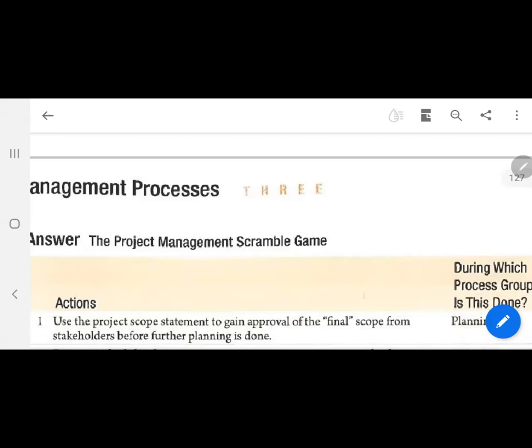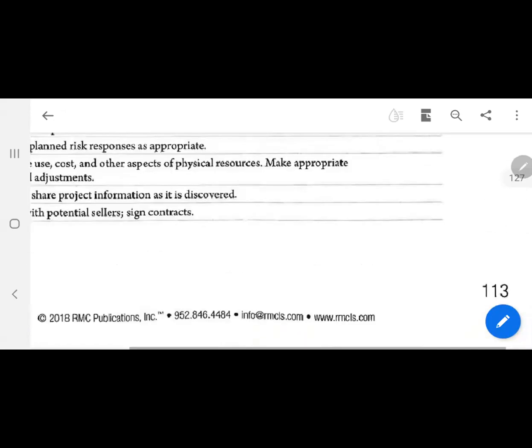Use the project scope statement to gain approval of the final scope. The final scope is actually the scope baseline. The scope statement is part of the scope baseline, and the work breakdown structure is part of the scope baseline, and the work breakdown structure dictionary is part of the scope baseline. So there are three elements of the scope baseline.